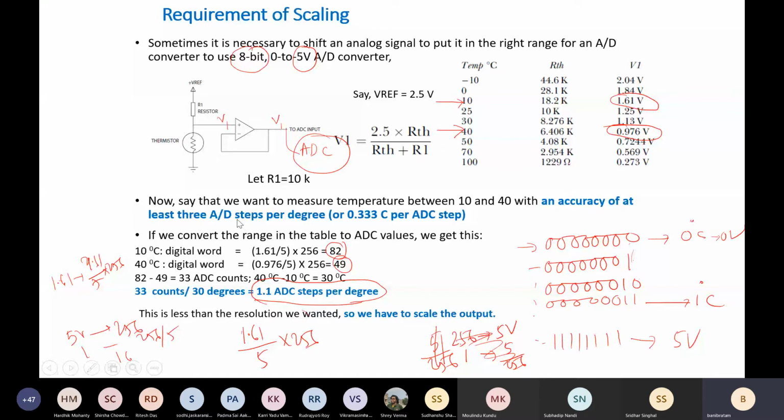Okay. So if I want to achieve this accuracy, then I have to do some signal conditioning on this circuit and scale the output with respect to the ADC value. That is the requirement of scaling, and that's why we need additional signal conditioning circuits in order to meet the criteria.